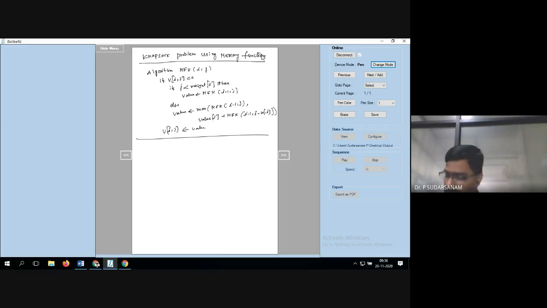Now the knapsack problem is: serial number, weights, values. So 1, 2, 3, 4. Weights are 2, 1, 3, 2 and values are 12, 10, 20, 15.